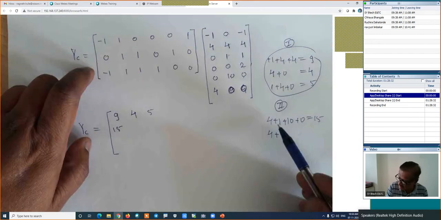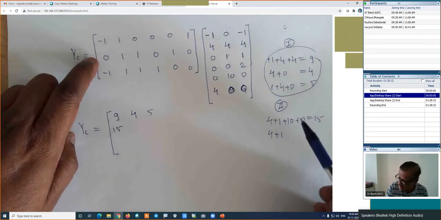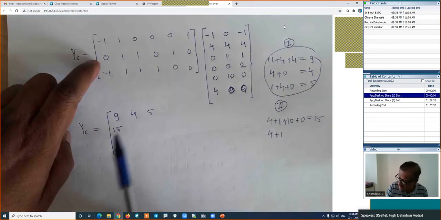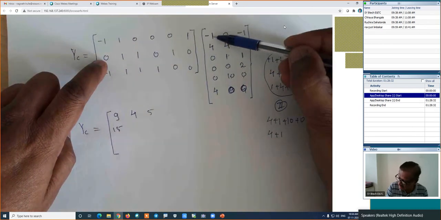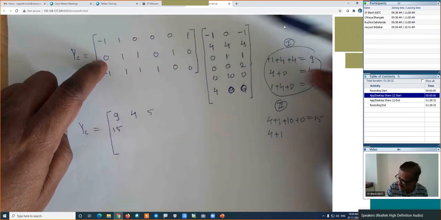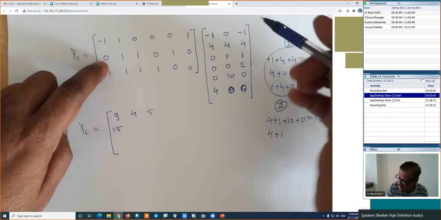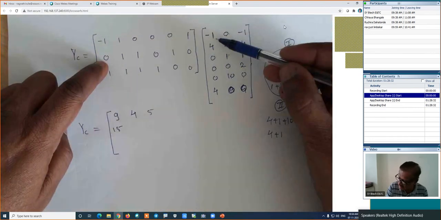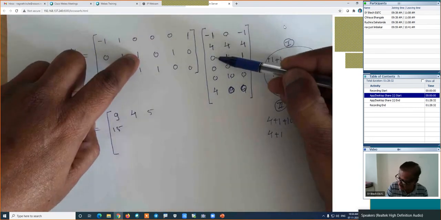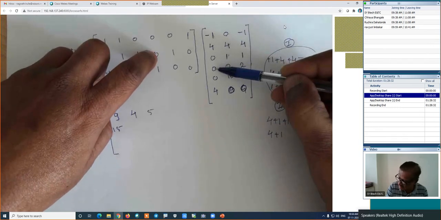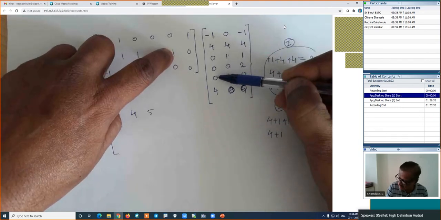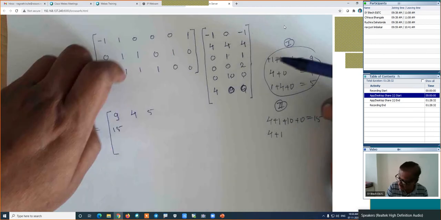I will check this upper side. I am having a little confusion. I will check. First, the second row and first column. This is 0 plus 4, 0, 0. This is 0. Just wait.